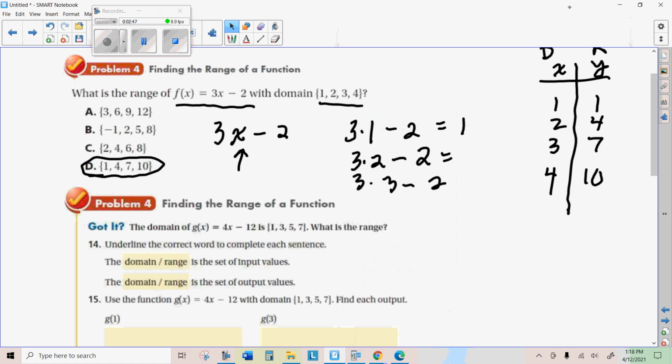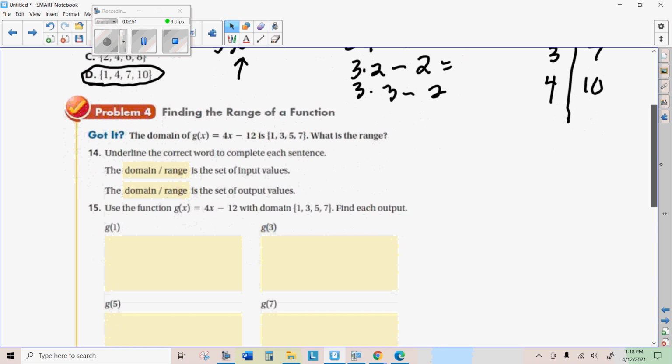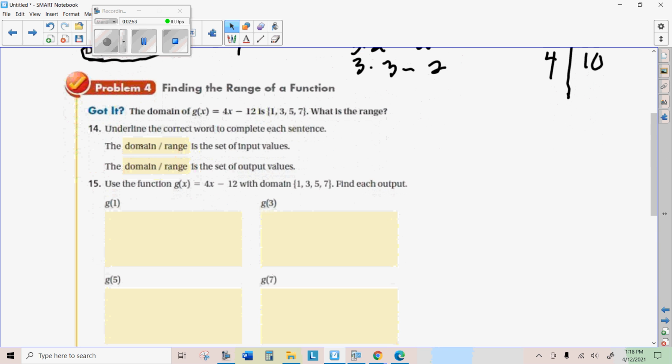All right, go ahead. You try the next one. See if you can find the outputs for the given inputs, or the range value. Remember that the domain is the set of input values, the range is the set of output values. So when you're given these 4 numbers as the domain, that means they're your inputs. So I'll get you started on this one.